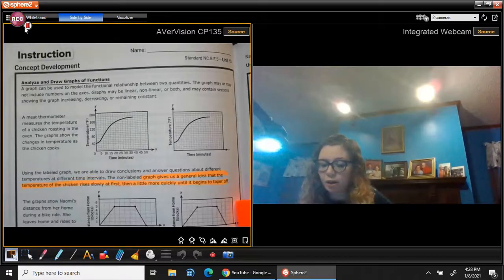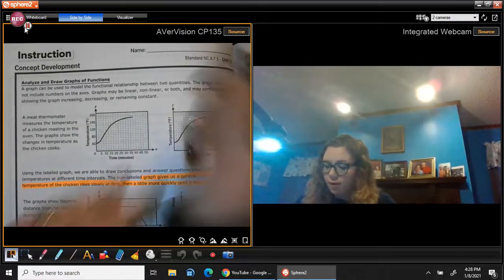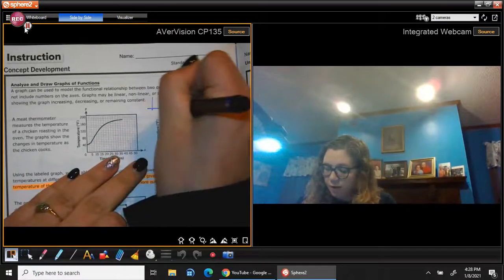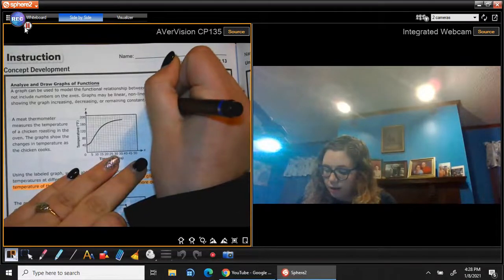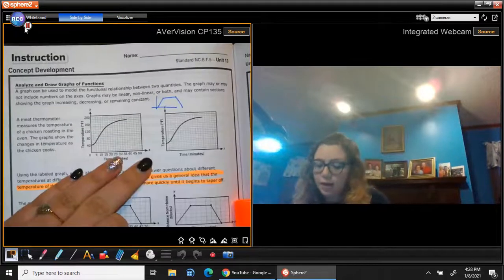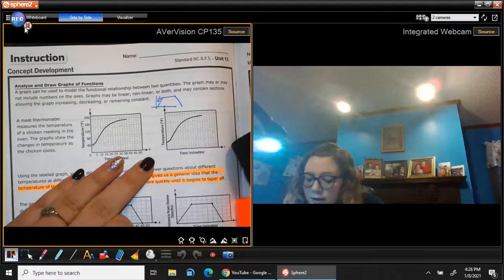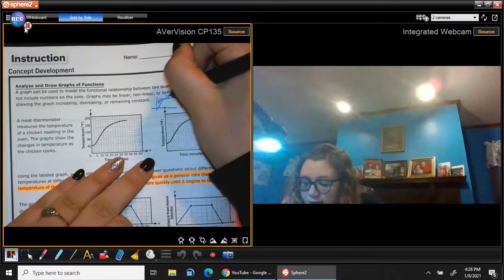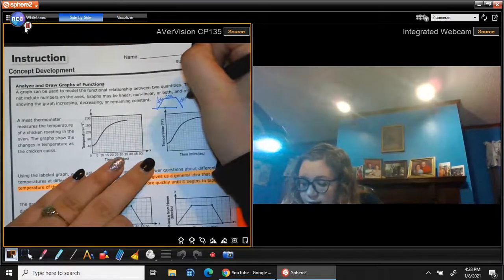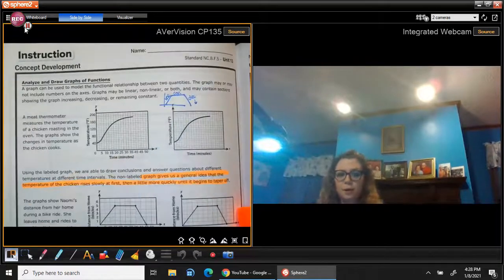Okay, so I'm going to draw an example. If I have a graph that looks like this, this part would be increasing because it's going up. This part would remain constant, and then this part would be decreasing because it's going down.